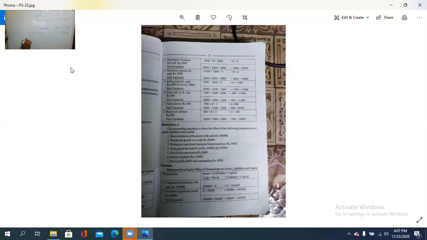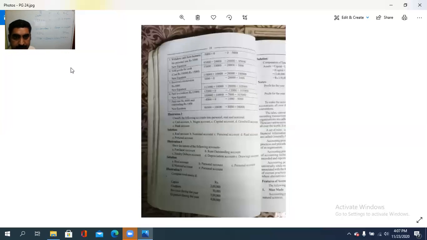So the new equation will be 95,000 plus 20,000 is equal to 20,000 plus 95,000. That is 115,000, isn't it? 95,000 plus 20,000 is equal to 20,000 plus 95,000.